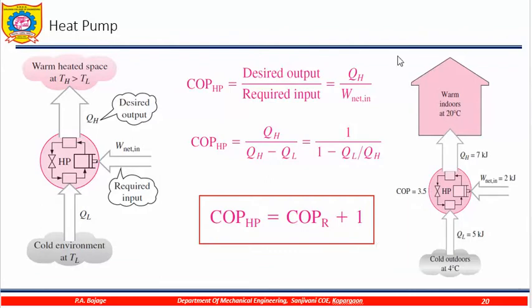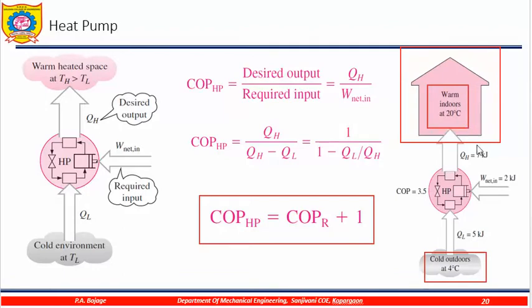Now in this diagram, you can see the output is this. In winter season, assume the surrounding temperature is just 4 degrees Celsius, but you have to heat a house to 20 degrees Celsius. So this is the desired output. For that you have to give this work input, that is the electrical work input.